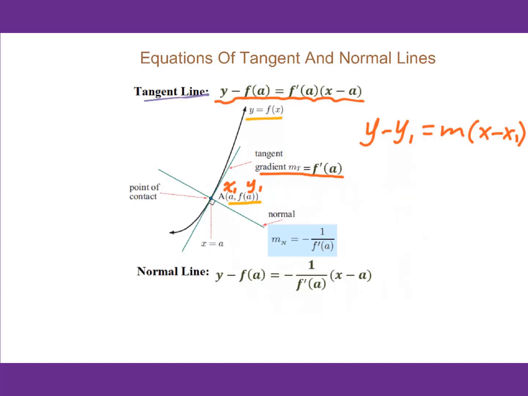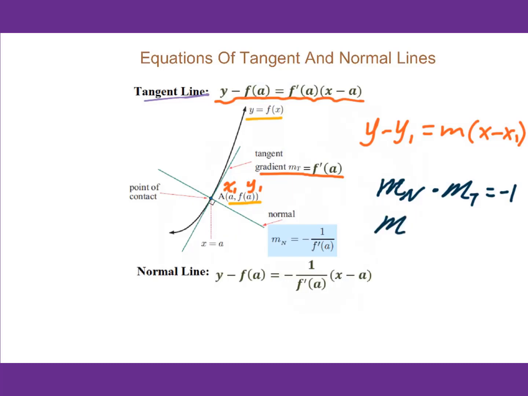For the normal line and a tangent line, they are perpendicular to each other. In other words, we know that the slope of the normal line times the slope of the tangent line equals -1.